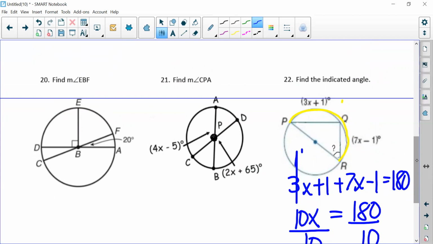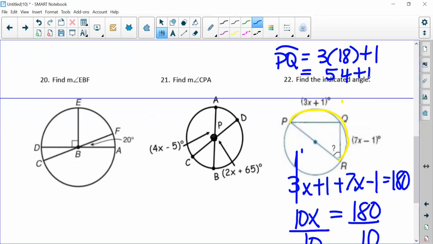They asked us to find the measure of the indicated angle, okay? Y'all, if we know that x is equal to 18, then to find the measure of our PQ, since PQ is currently 3x plus 1, we take 3 and multiply it by 18 and add 1 to find the actual measure of the arc, okay? 3 times 18 is 54, plus 1 is 55, okay?